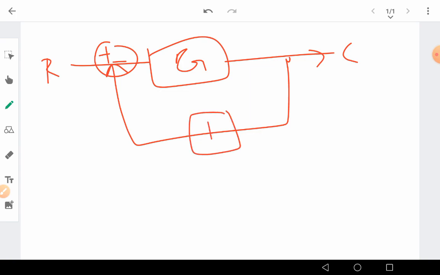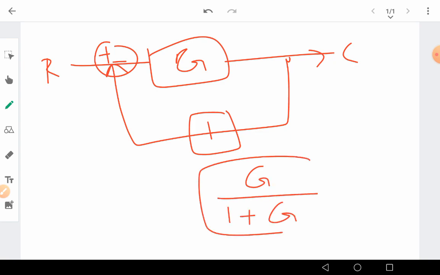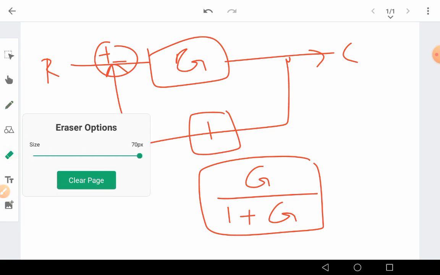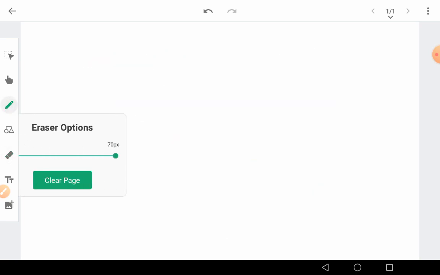So again, what will be the formula of this thing? The transfer function will be forward gain divided by 1 plus G. This will be the formula in this case. So in our case, what will be the net transfer function? What is the forward gain?